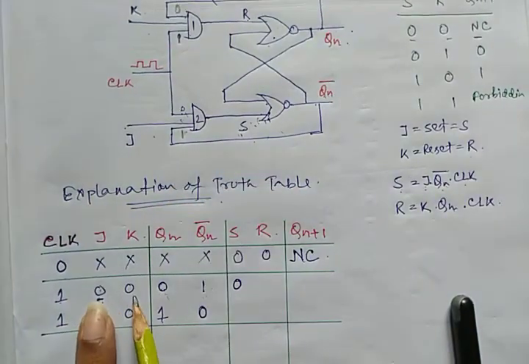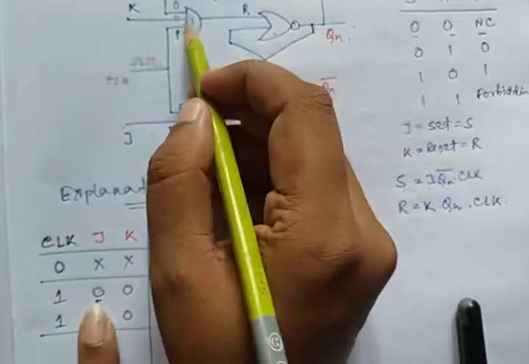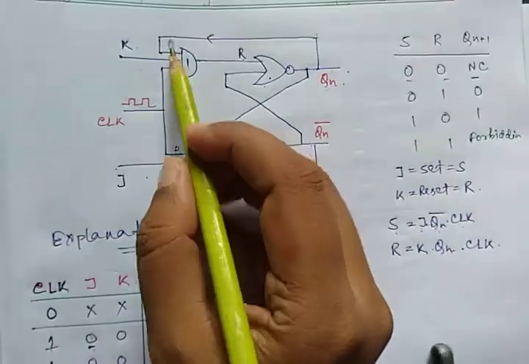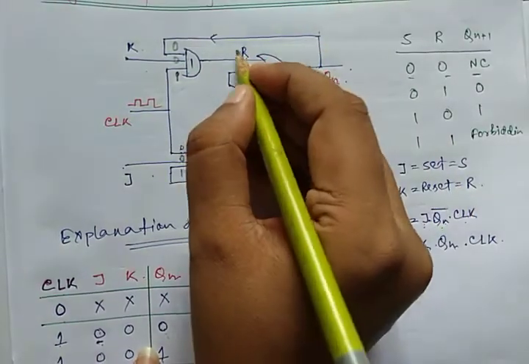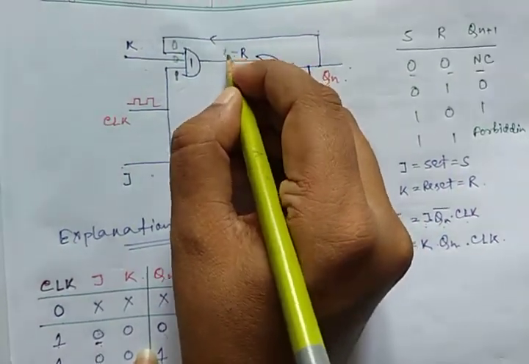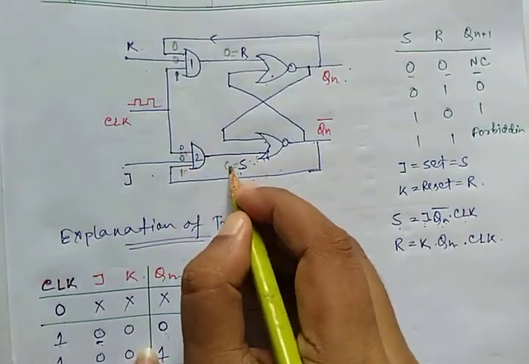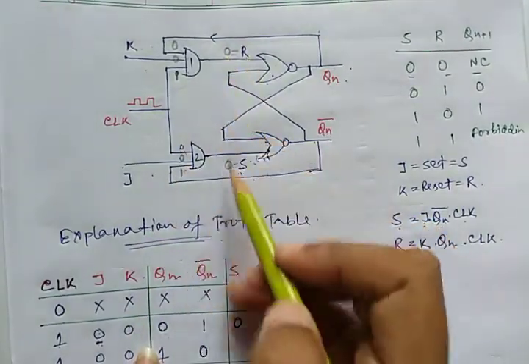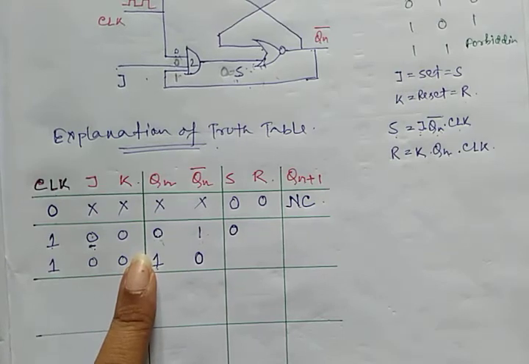Now J and K both are 0. That means here it is 0 and here it is 0. As this is an AND gate and one of the input signals is 0, obviously the output is 0. So R is 0, and here also one input is 0, so S is also 0. So R and S both 0 means the output signal is no change.